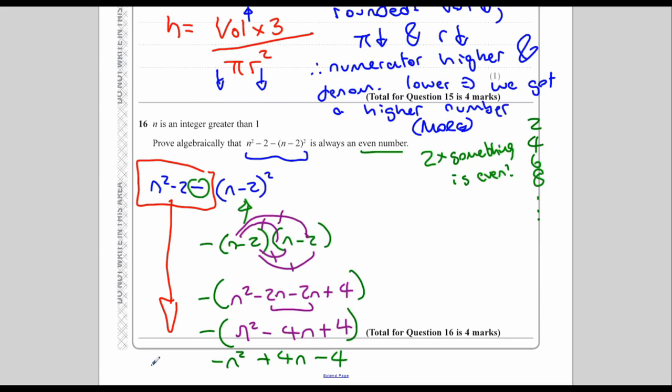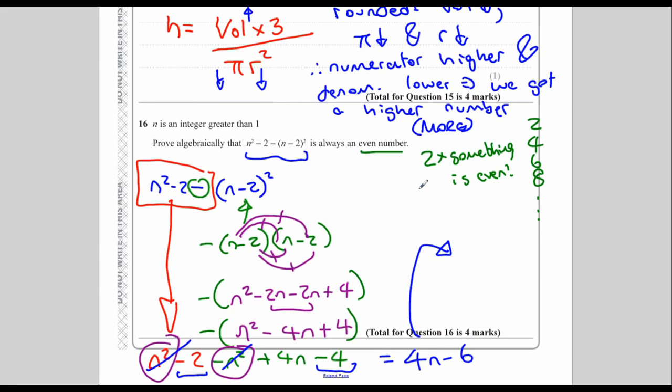So n squared minus 2. Now this n squared has got minus n squared there, so they're going to cancel out. The minus 2 and the minus 4 go together to give minus 6, so it's 4n minus 6.